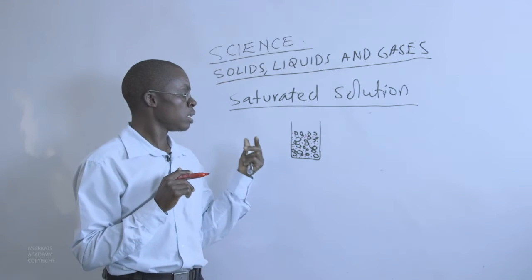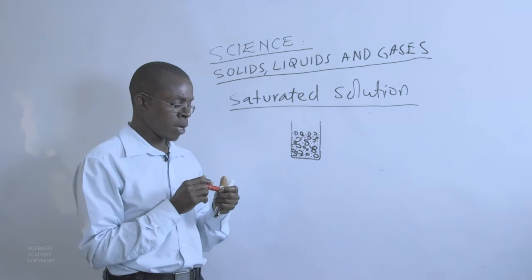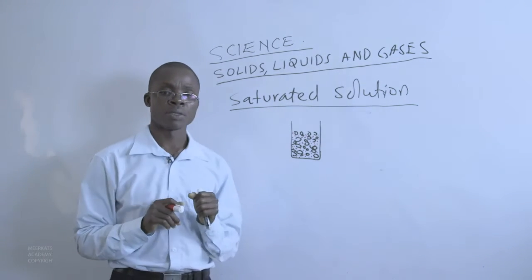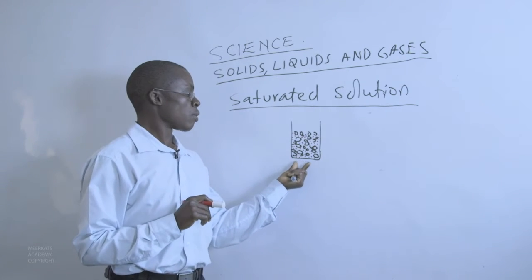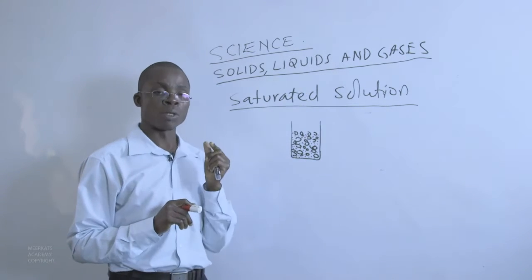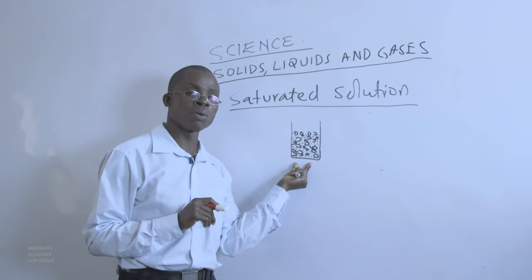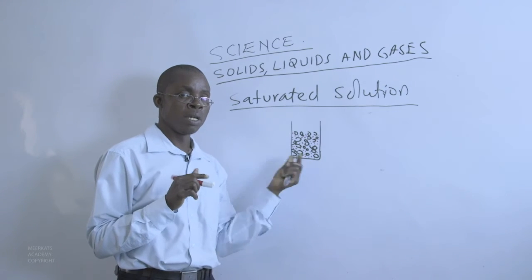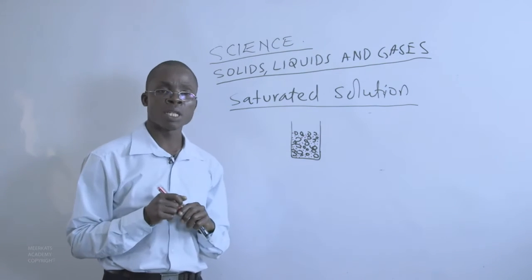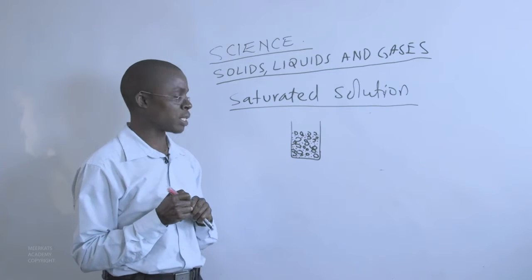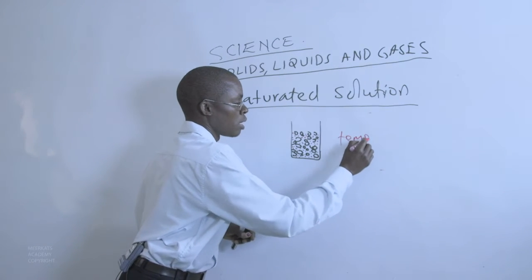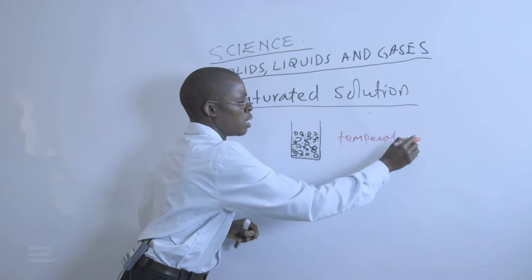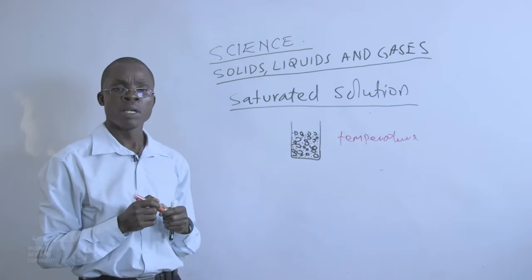But we also need to remember that when we were talking about the kinetic theory of matter, these particles in question, we are talking about liquids. So these particles in the liquid, which is the solvent, can also be affected by a factor called temperature.